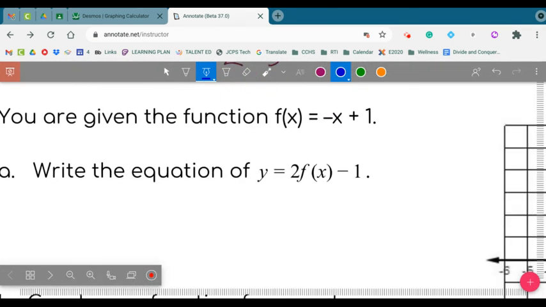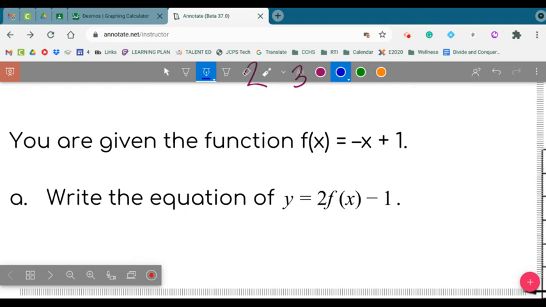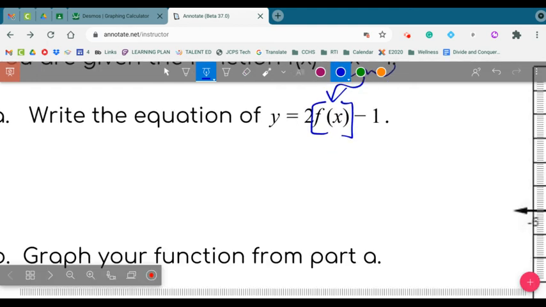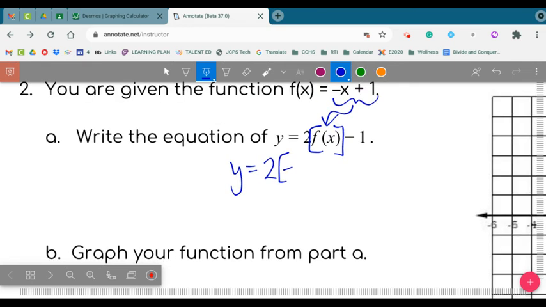Next one, it says you were given the function f of x equals -x plus 1. So that's our equation. And we have to apply the scale change of y equals 2 times f of x minus 1. So we're going to plug in -x plus 1 for f of x. We're going to get y equals 2, brackets, -x plus 1, close the brackets, and then -1.